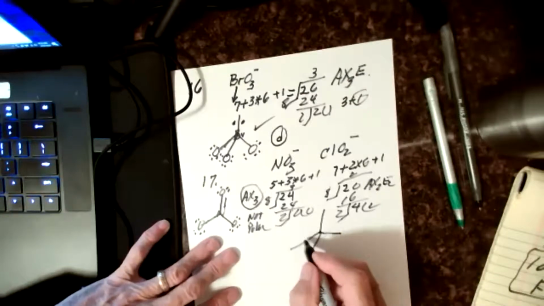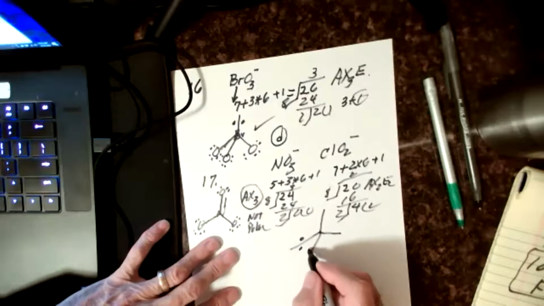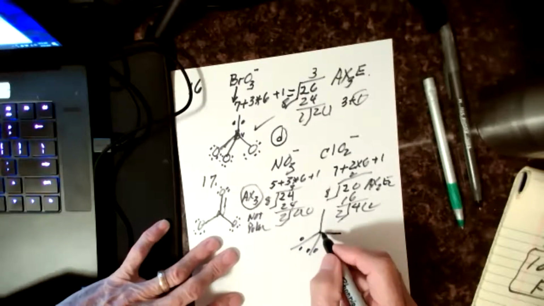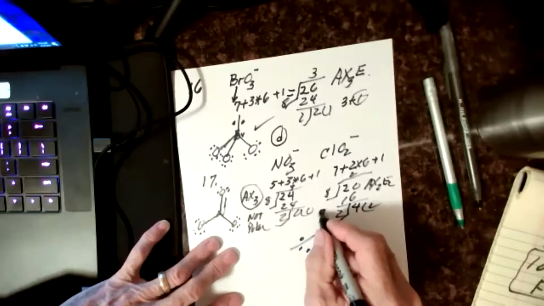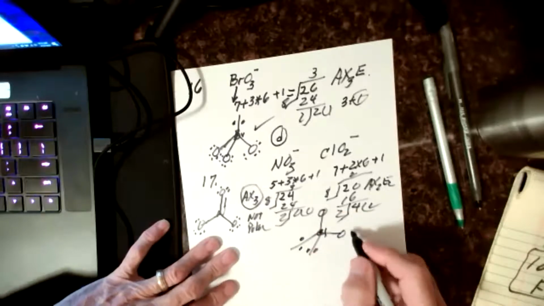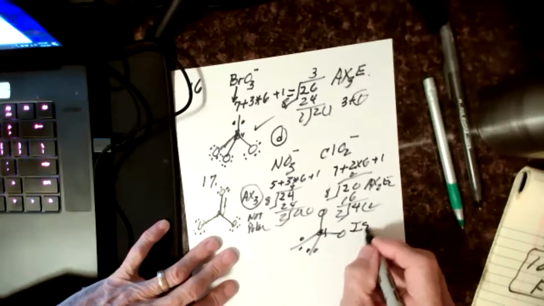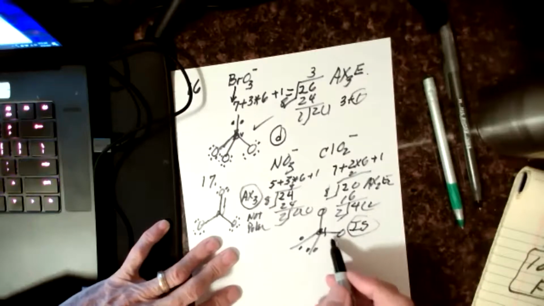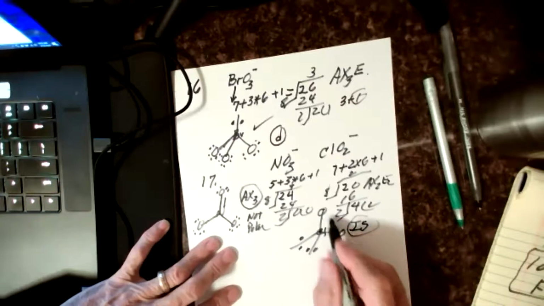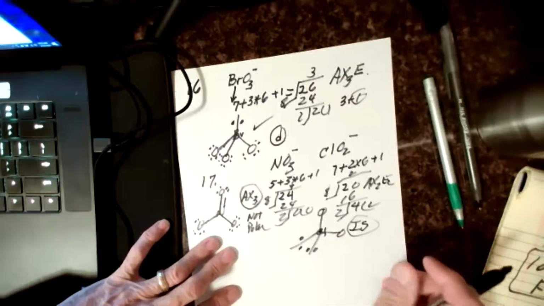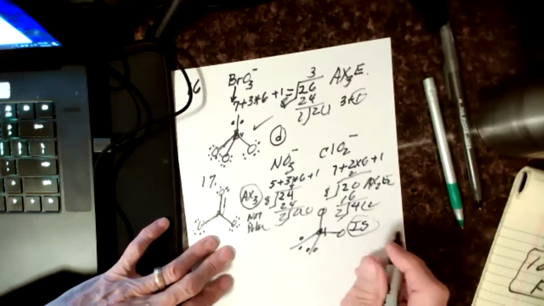I'm going to put 2 lone pairs on, so maybe I'll put them here and here. I'm going to put the chlorine here, the oxygen here, and the oxygen here. Now, this is polar because all 4 things attached to the chlorine atom aren't the same. 2 of them are oxygens and 2 of them are lone pairs. So it is polar.